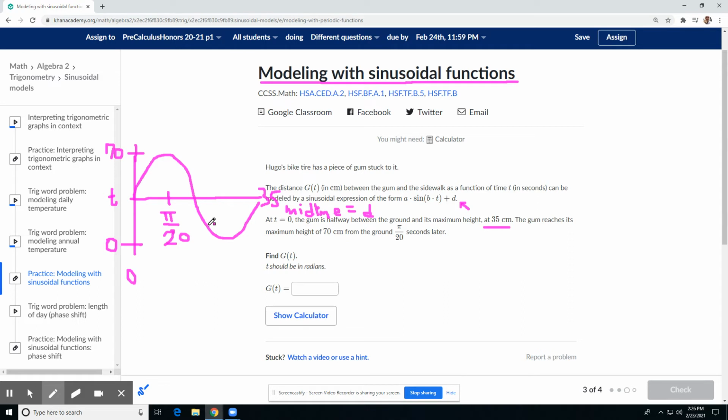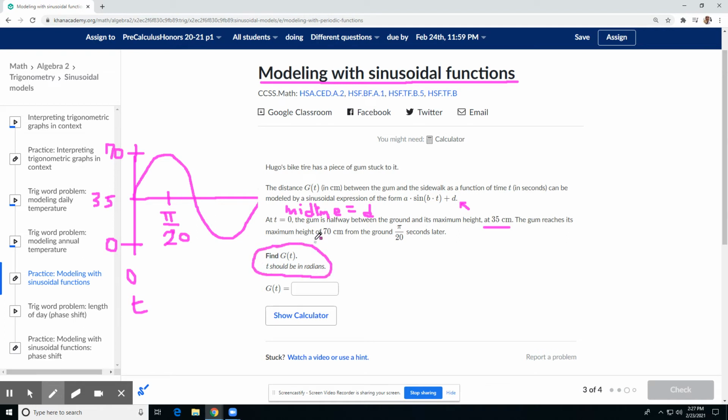So let's go ahead and get rid of that t. This is at 35, and this is at time 0.